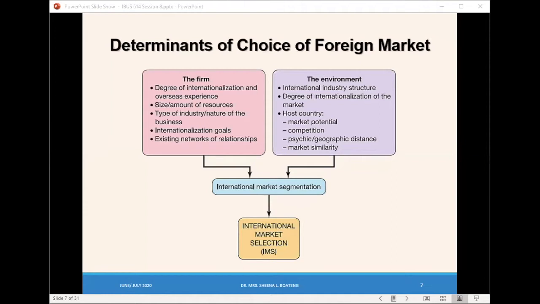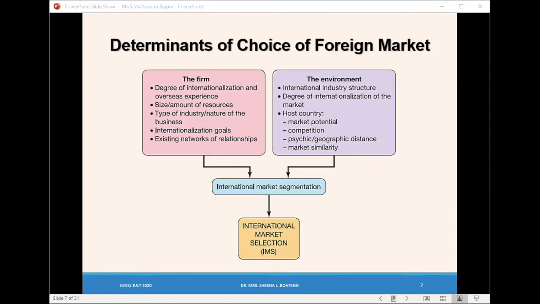So the nature of the industry and how it is made up in terms of the kinds of firms currently operating in that industry in the foreign market, as well as the level of competition and the resource endowment of these various firms already operating in the market that the firm is seeking to enter, will all play a key role in determining whether or not the firm selects that particular market to enter.